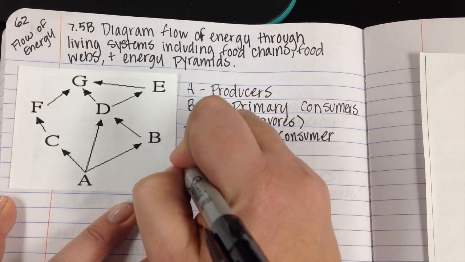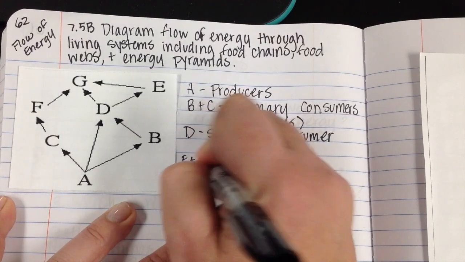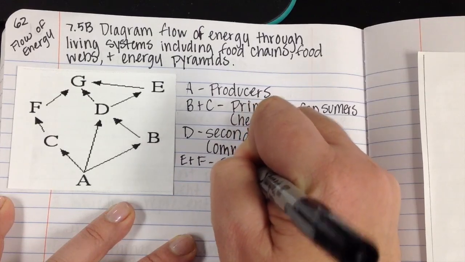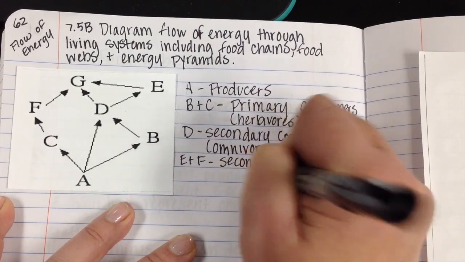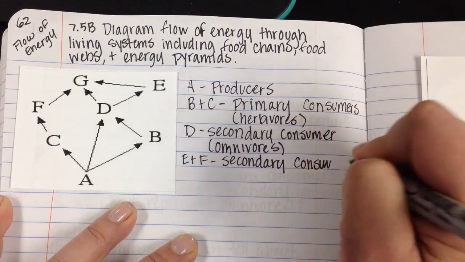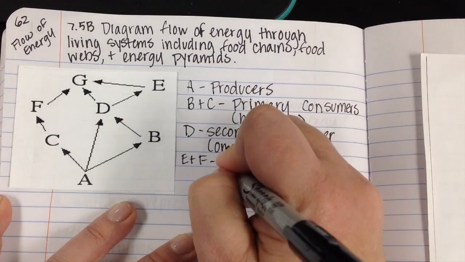Now, E and F are also secondary. But you should notice that they are carnivores.